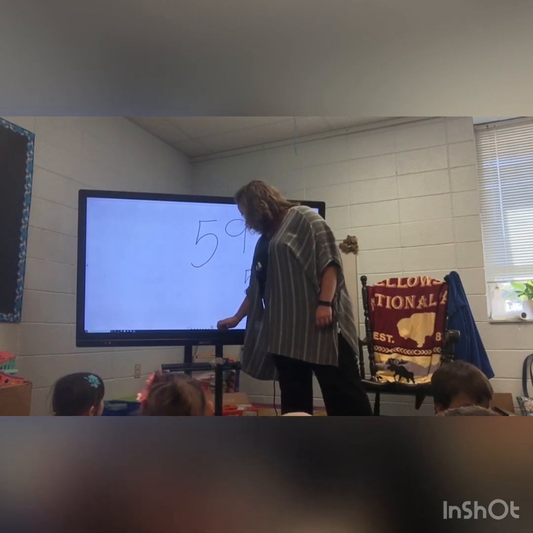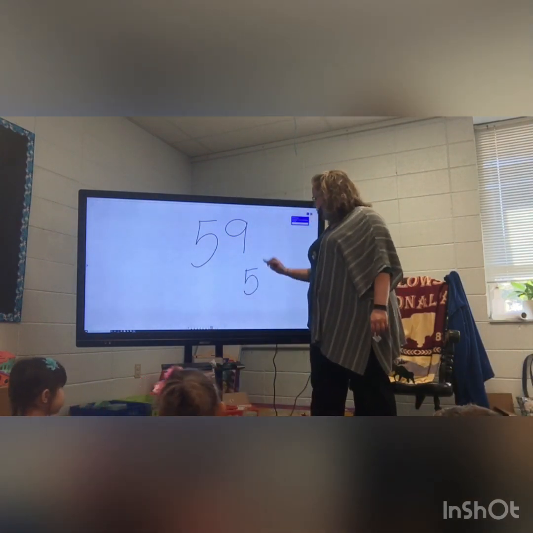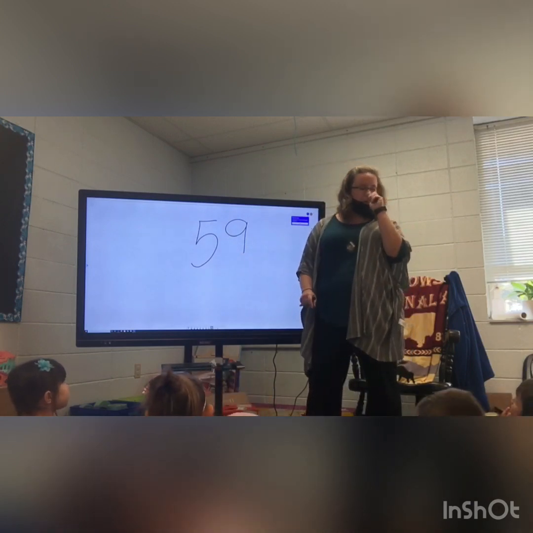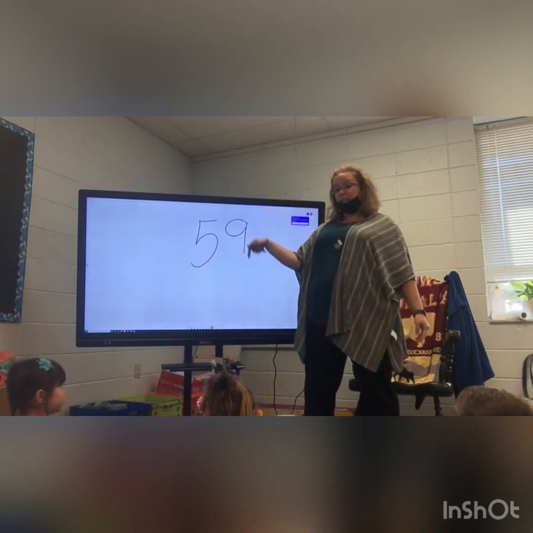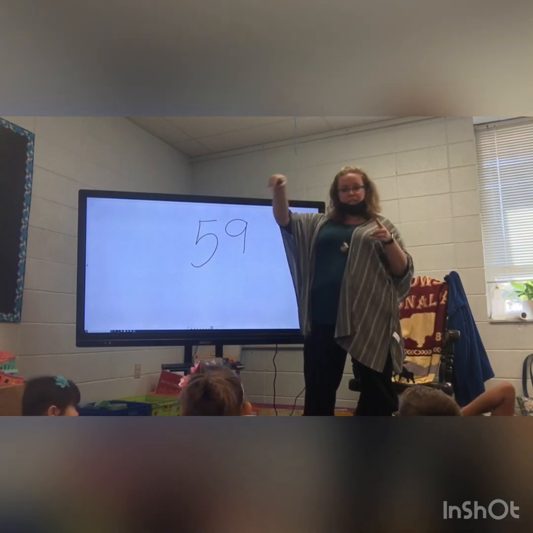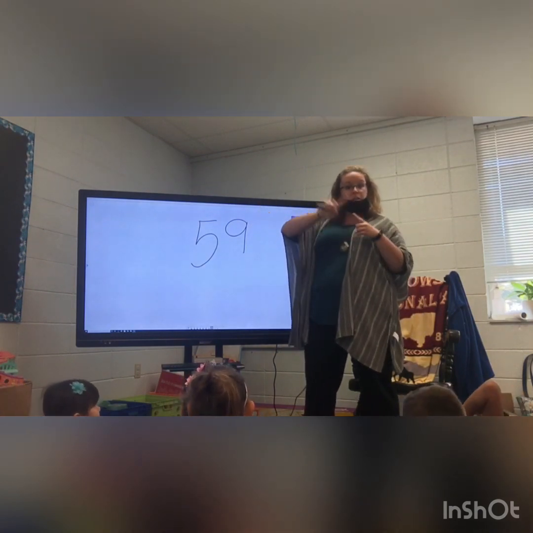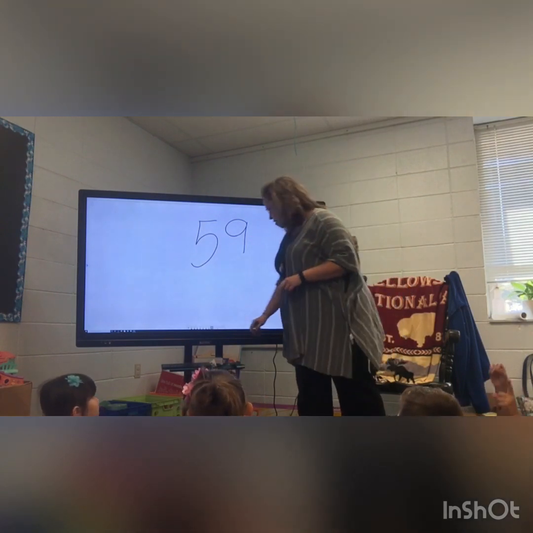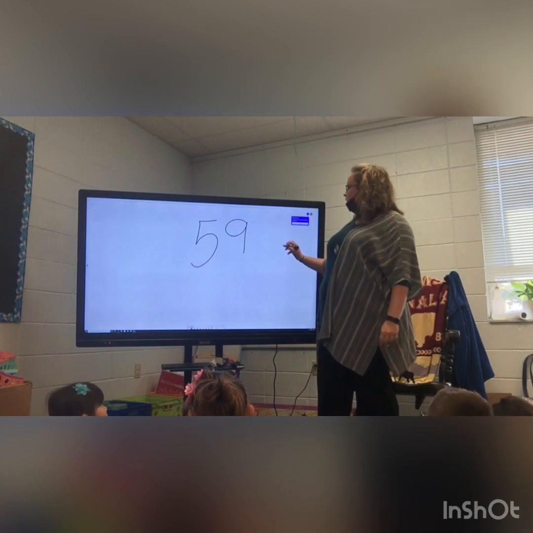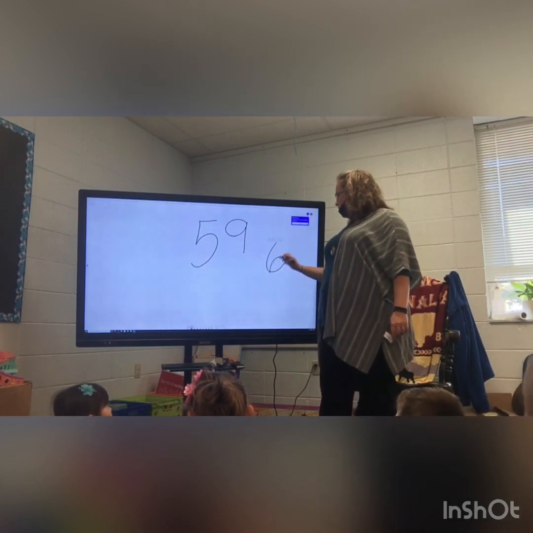There we go. Okay, so when we get to the number 9, when we're counting by ones, the next number is 10. But that goes from the ones family to the tens family, right? A new family has started, we start over. So if we are going from 59, we go to 60.